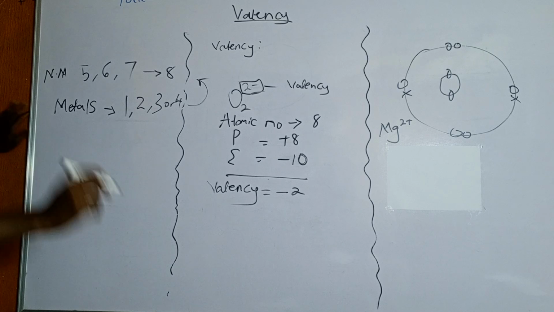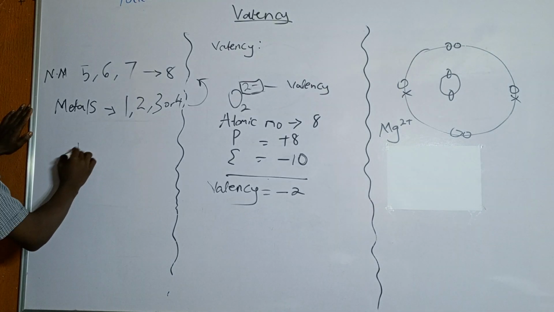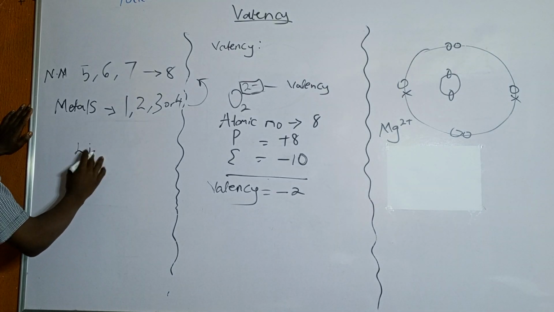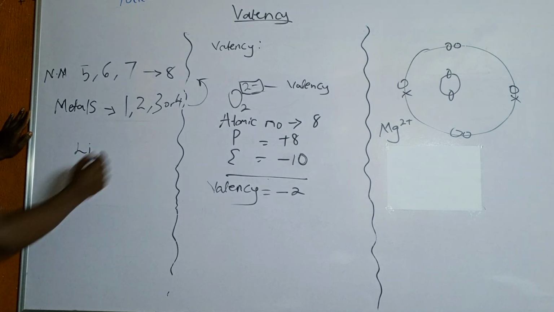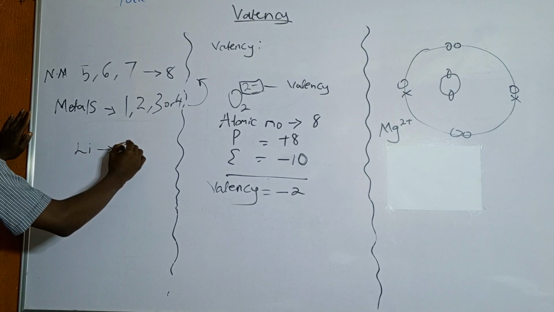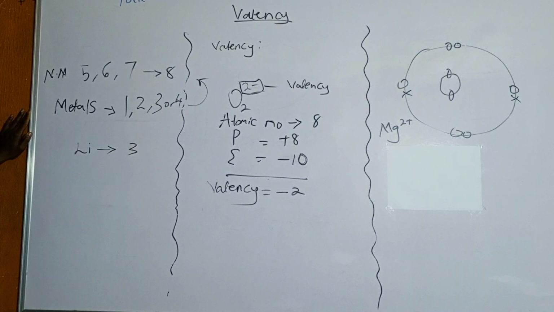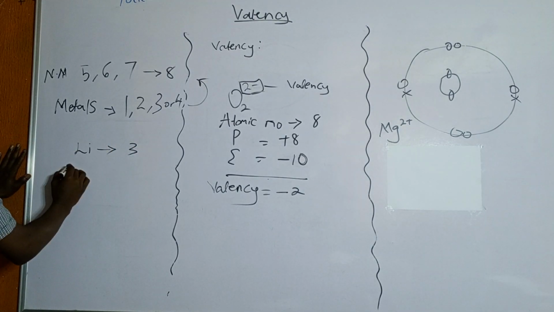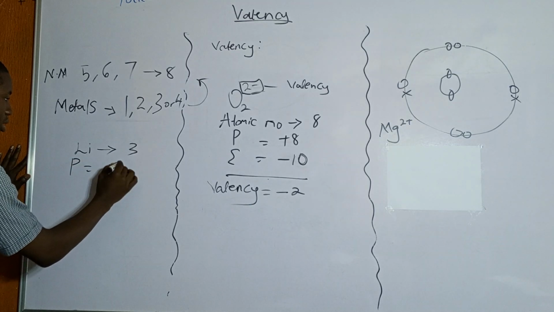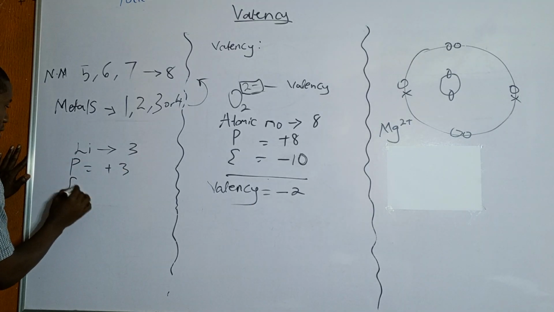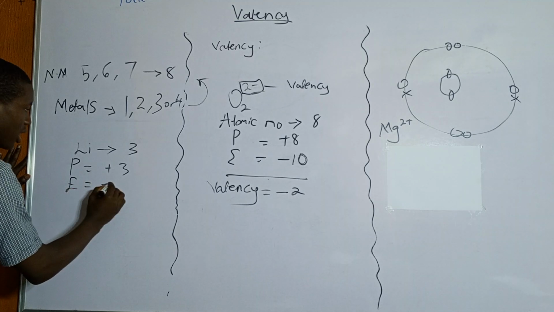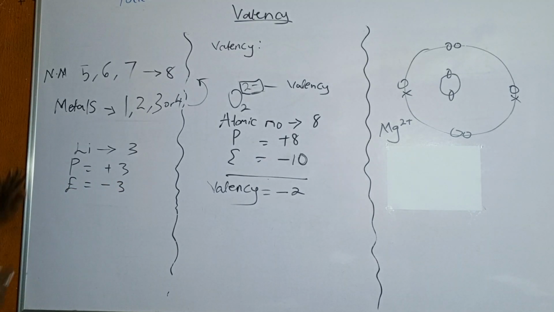How? If we have a lithium atom, for example, a lithium atom has an atomic number of 3, right? Which means it will have a proton number of plus 3, and an electron number equal to negative 3, right?